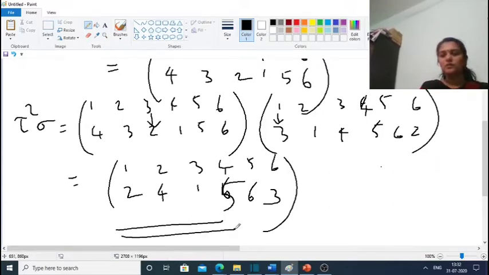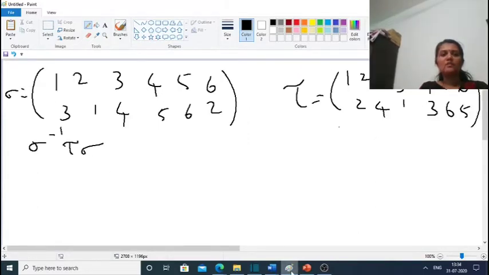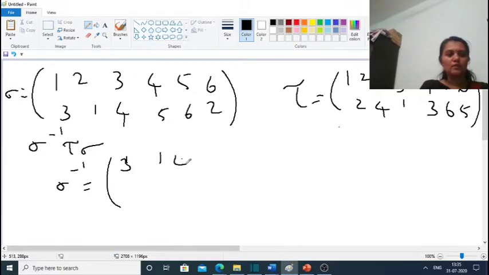Now next we have to find sigma inverse tau sigma. For that, first we have to find sigma inverse. Sigma is 1 2 3 4 5 6 over 3 1 4 5 6 2. Write the second row as the first row and the first row as the second row.